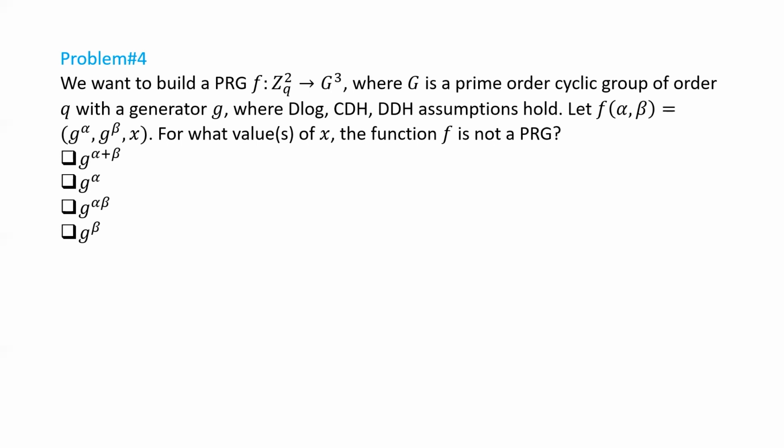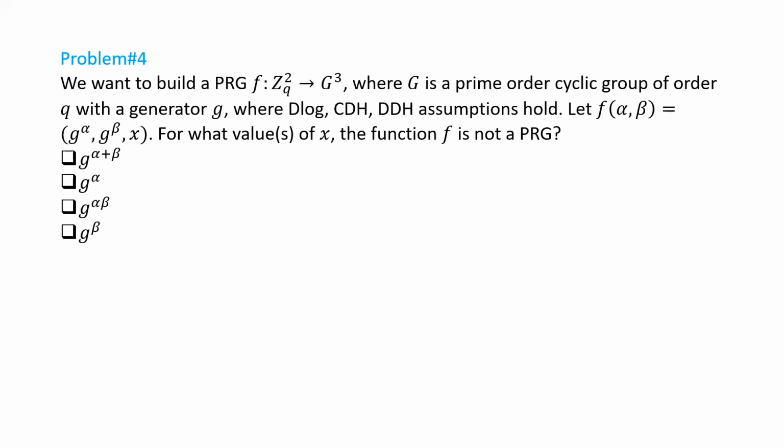The second and fourth options are very obvious, because if x is equal to g to the power alpha, then obviously what the adversary needs to do to distinguish the output of the PRG from the output of the TRG is check whether the first component and third component match or not. In case of the second option, so x is g to the power alpha, it will just check whether the first and third components match or not. If they match, then it will say that I am interacting with a pseudo-random generator.